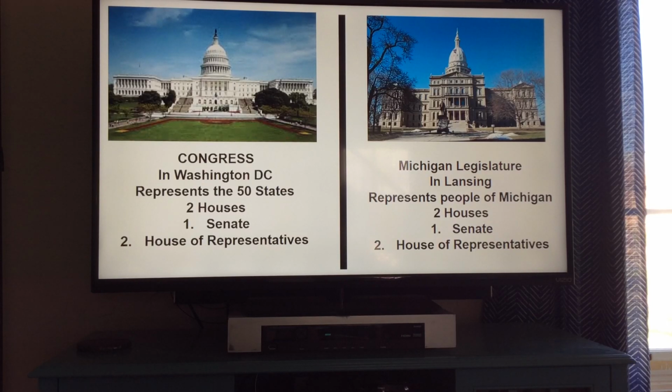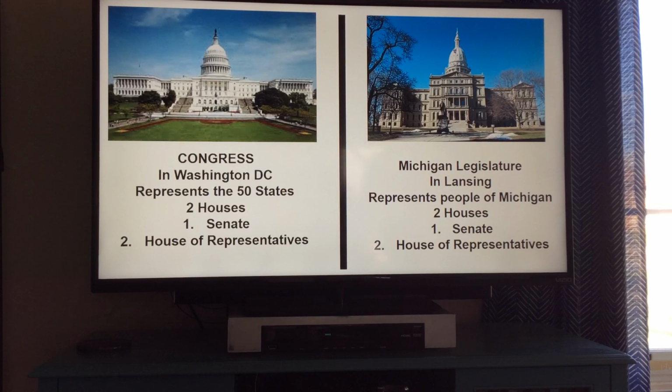Know that those are different, that they deal with different aspects of government, and that the qualifications for office are a little bit different. There are important differences, but there are two of them.